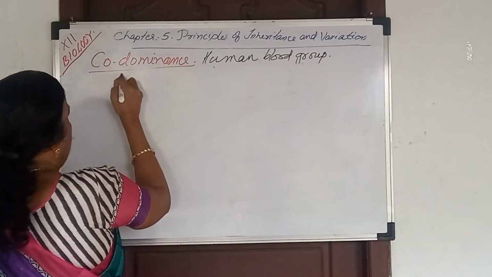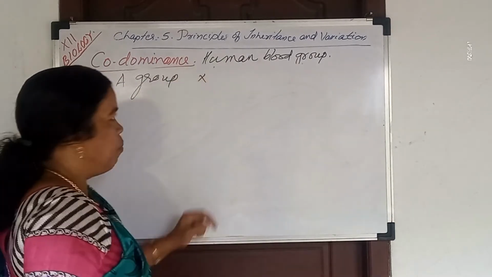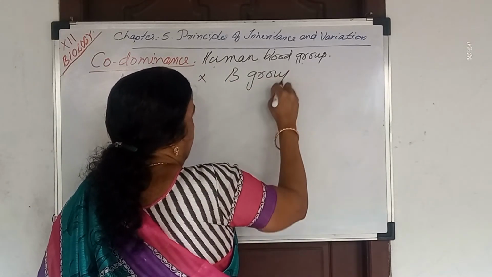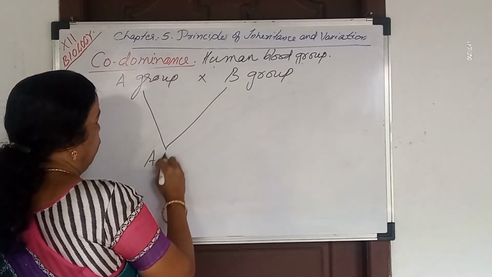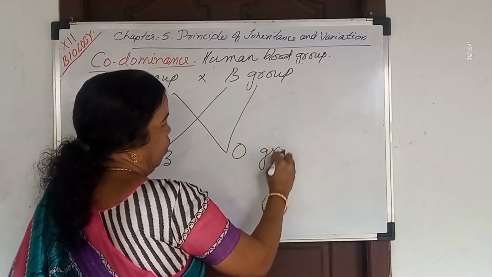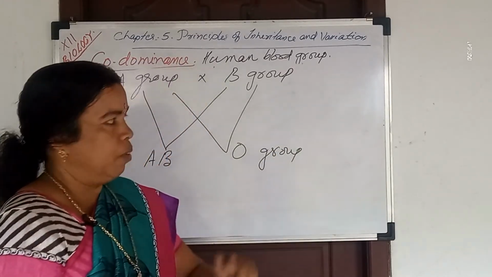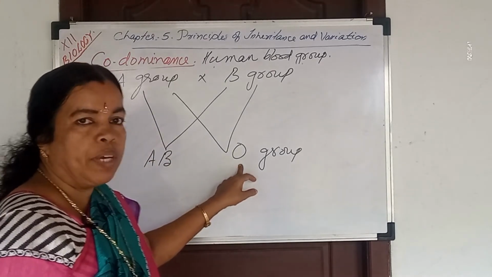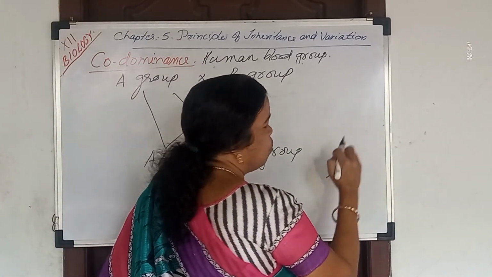A man with A group marries a woman with a B group. They have a child with the AB group and a daughter with the O group. Then work out the possibility of this inheritance pattern. One question. So how to find out? Here one child is having O group. O group genotype is only one type, that is small i, small i.